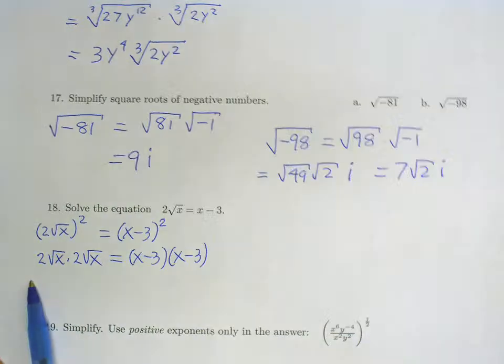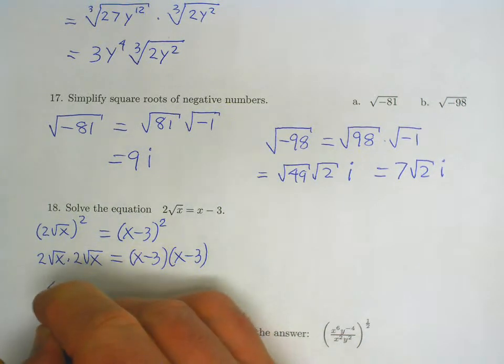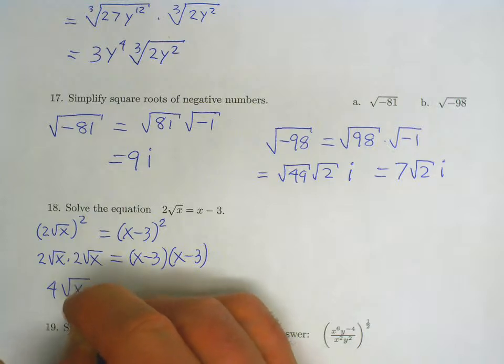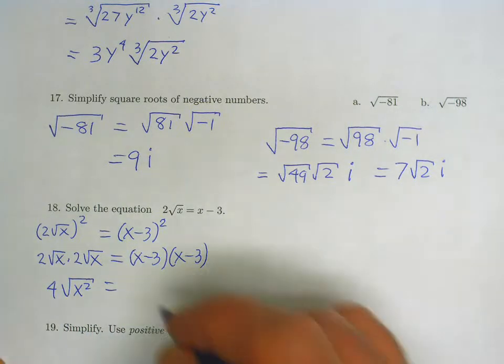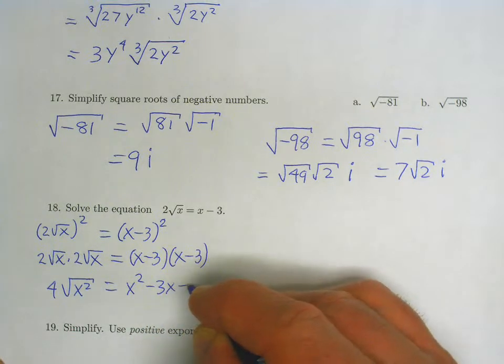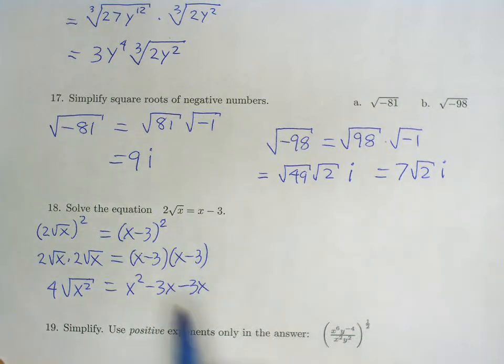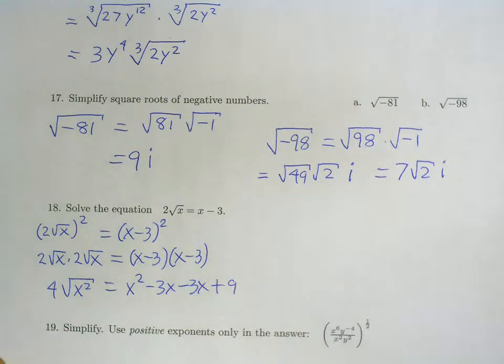And then 2 times the square root of x times 2 times the square root of x is 4 times the square root of x squared. On the right-hand side, x minus 3 times x minus 3 is x squared minus 3x a second time, and then negative 3 times negative 3 is positive 9, so we write plus 9.